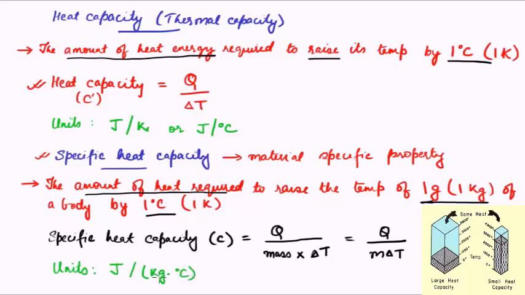So joule per kg per degree Celsius or joule per kg per Kelvin, or calorie in case the values are given in calories, calorie per degree Celsius per kilogram or calorie per kg per Kelvin, or in CGS unit we can use grams instead of kilograms. So these are different ways we can express the units.